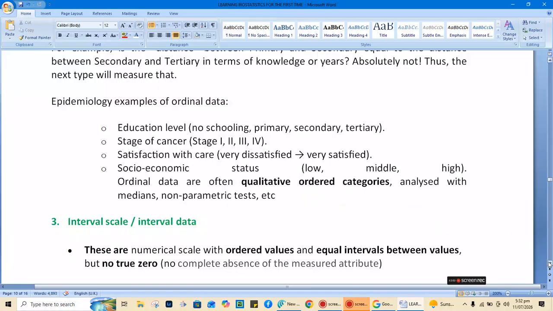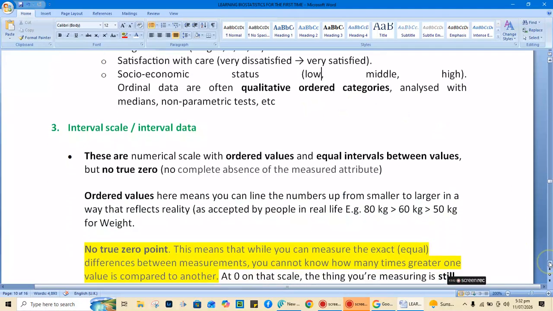So we move to interval scales. Remember, we started with nominal scales, and we moved to ordinal scales. We started with nominal scales, that are categories where there is mutual exclusivity. One variable takes one value at a time. You can only be female or male at a time. You can only have the disease or not have the disease. You can only be married or single.